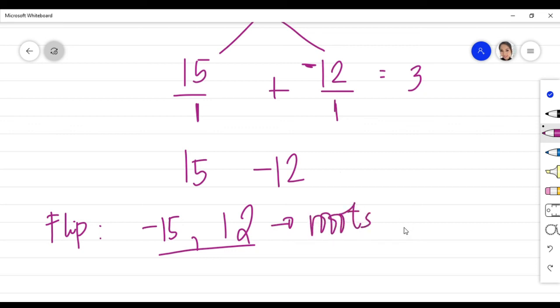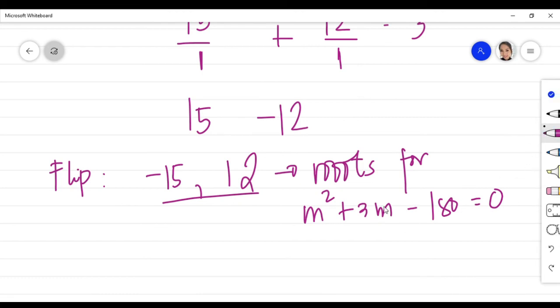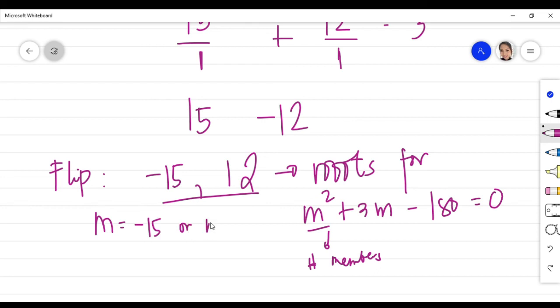These are the roots for the quadratic equation m squared plus 3m minus 180 equals 0. Now remember that if these are the roots of this quadratic equation, and we know that m represents the number of members in the club, right? Based on these roots, m is negative 15, or m is positive 12.